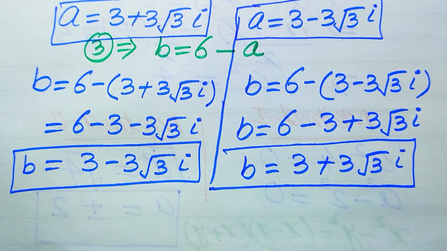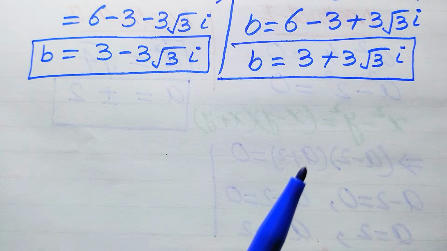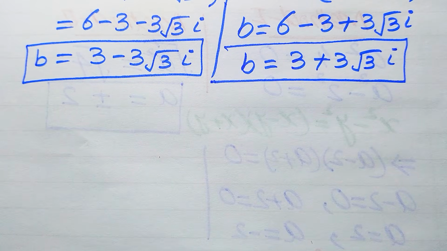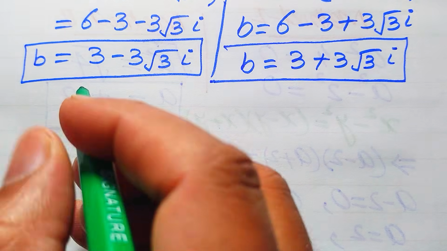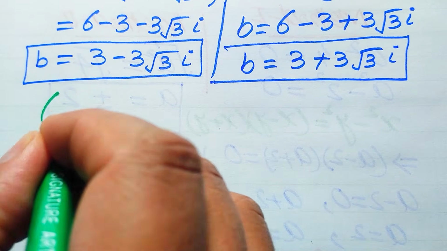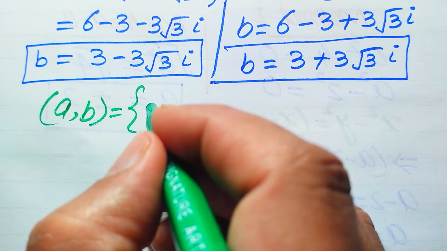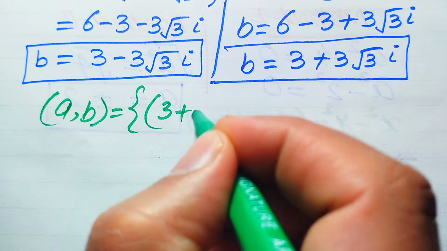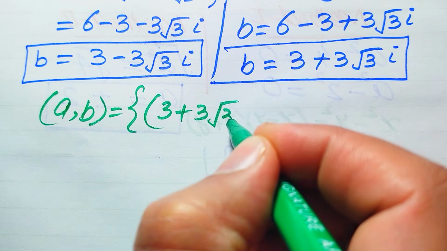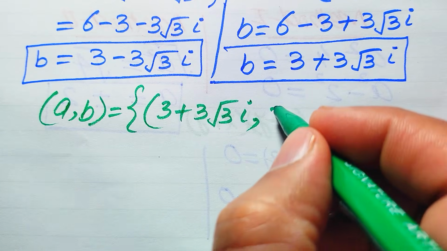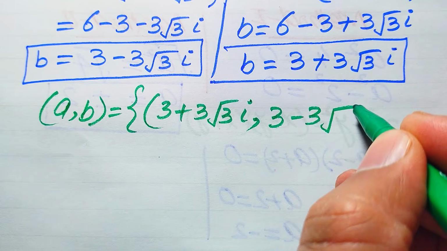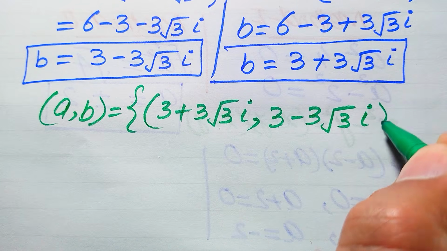So here we obtain two possible cases in which we get two roots of the given equation, and these roots (a, b) are: the first root is a equals 3 plus 3 times the square root of 3 into iota, and the corresponding value of b is 3 minus 3 times the square root of 3 into iota.